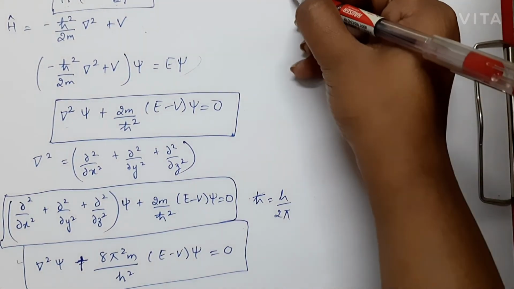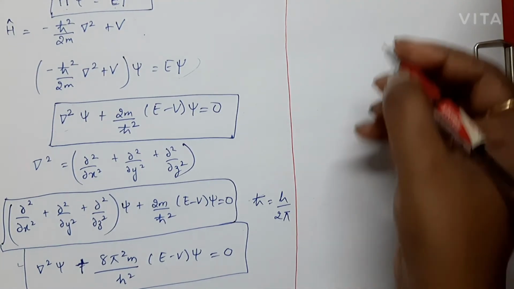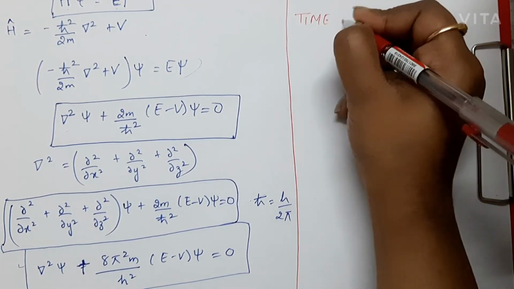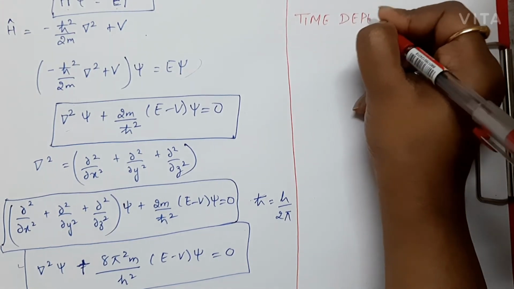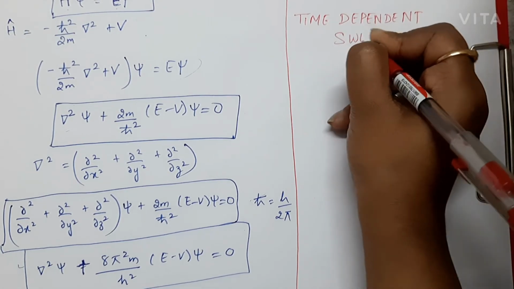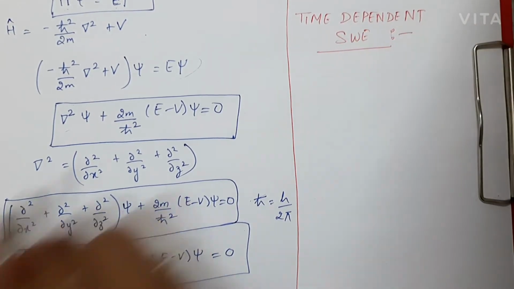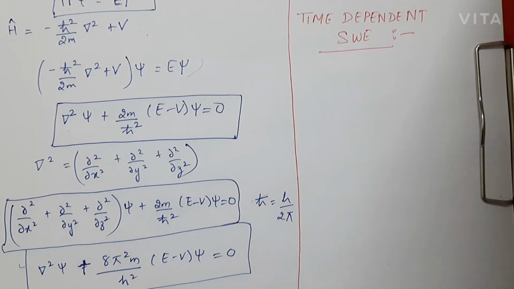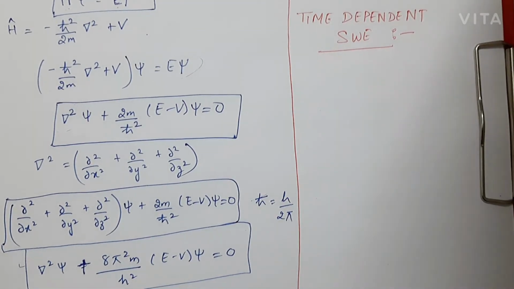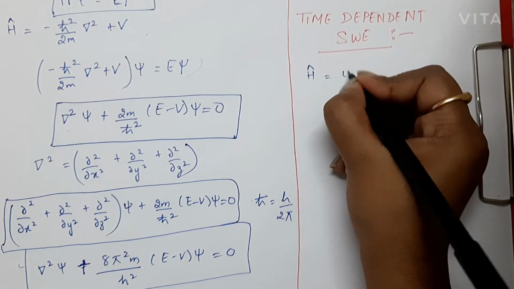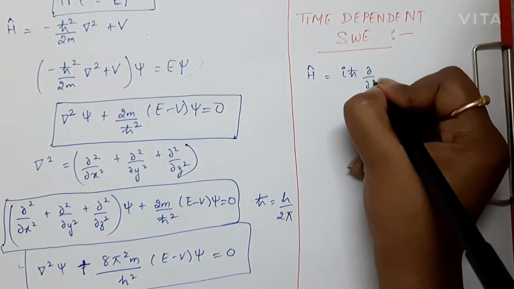Now if we want to discuss the time-dependent Schrodinger wave equation, then in that case we are going to use a Hamiltonian having the value i h cross del by del t.